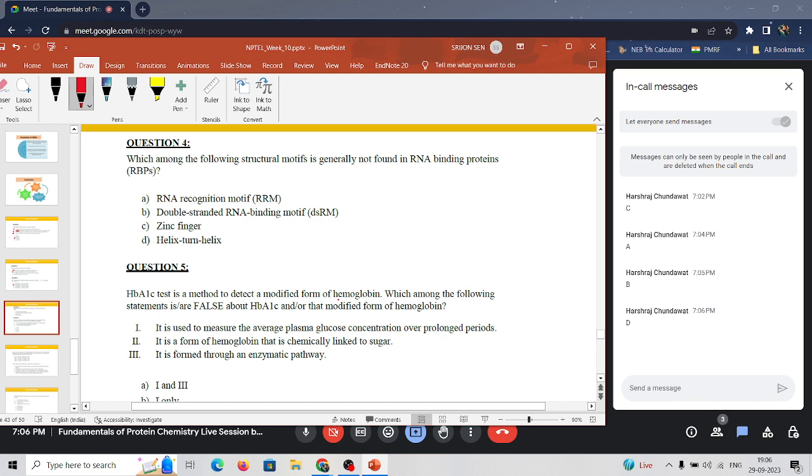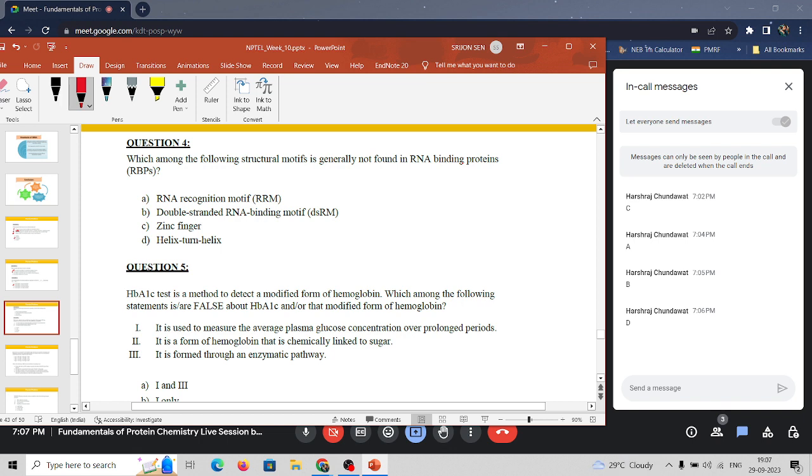Okay. Yes, so the RNA recognition motif is correct because it recognizes the RNA. It binds to RNA. Then you have the double-stranded RNA binding motif, that is also RNA binding. Now the zinc finger motif is mostly important for your RNA packaging, then different transcriptional activation, regulation of apoptosis, then you have protein folding, lipid binding, and different assemblies.